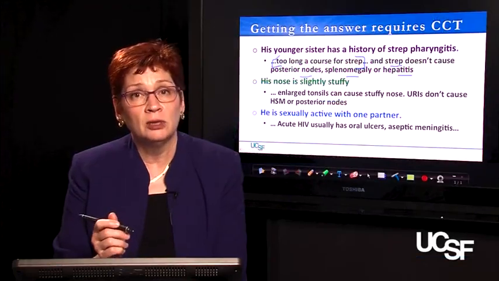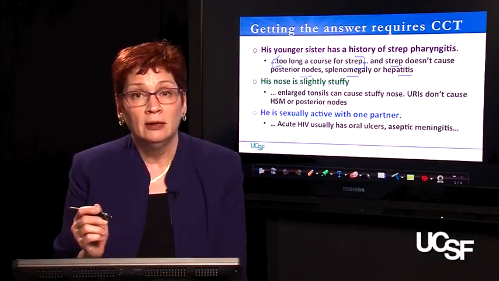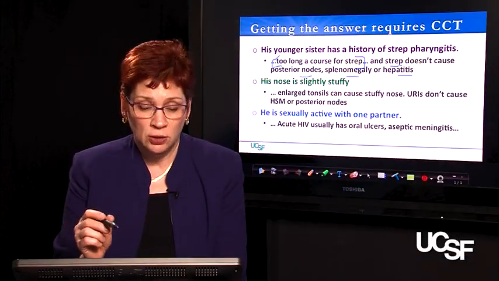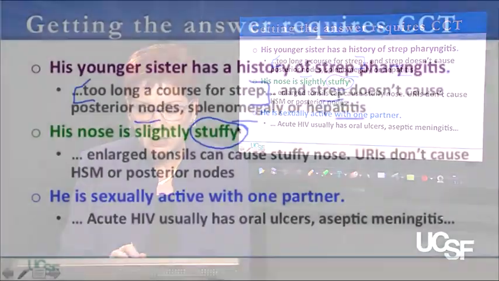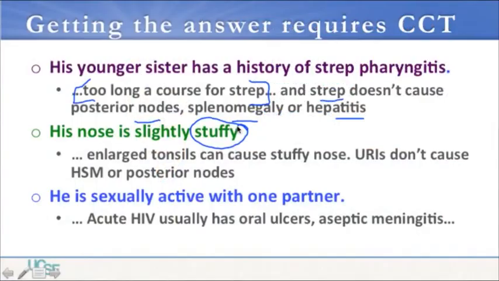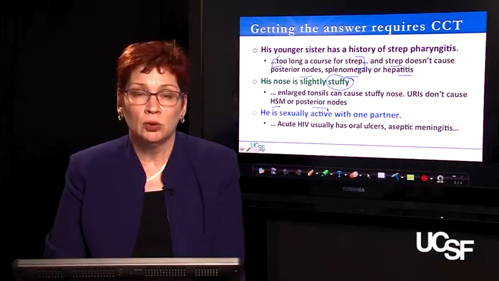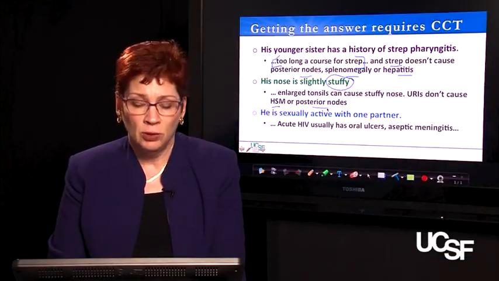That's what you got from your compare and contrast vertical reading for these two entities. His nose is slightly stuffy, but we can explain that away because enlarged tonsils can cause a stuffy nose. And upper respiratory tract infections, those viral URIs, don't typically cause hepatosplenomegaly or posterior cervical nodes. Very unusual. And you know that again from reading.